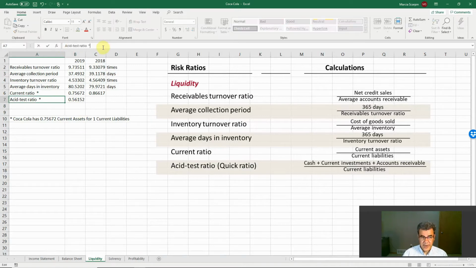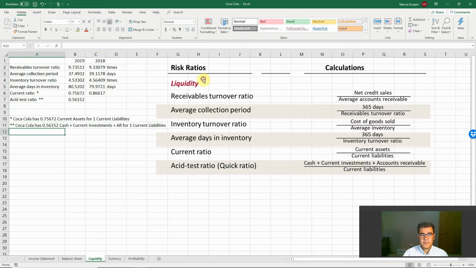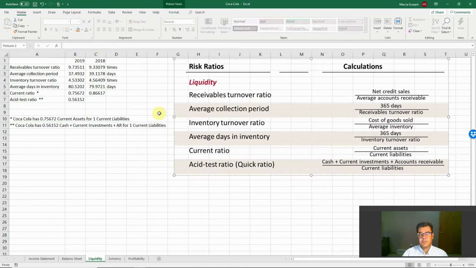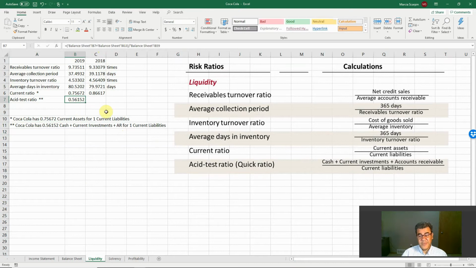So how do we analyze it? Double asterisk, double asterisk. Coca-Cola has 0.56152 of cash plus short-term investments plus accounts receivable for 1 of current liabilities. And let's move the picture here. So, okay, if we don't consider inventory, the number is bad, very bad.